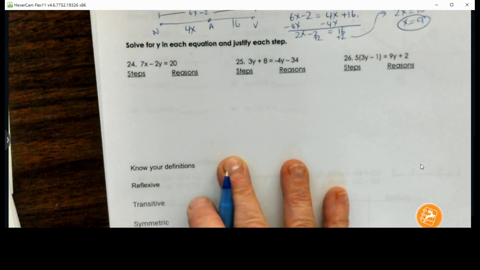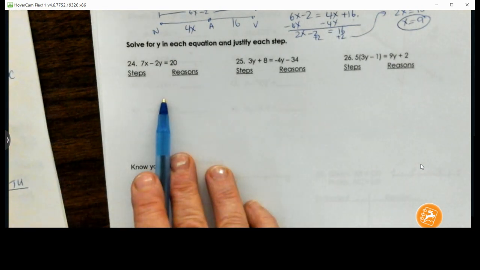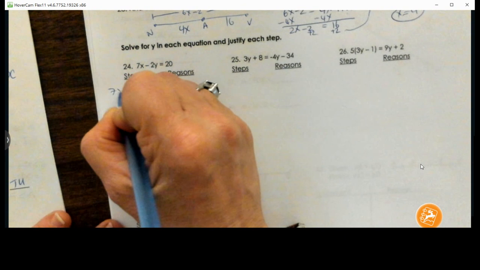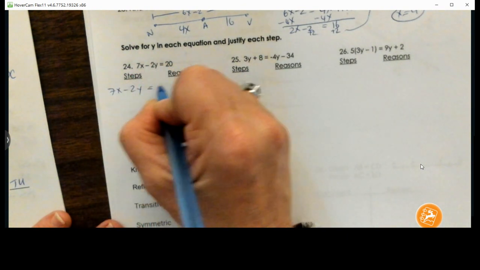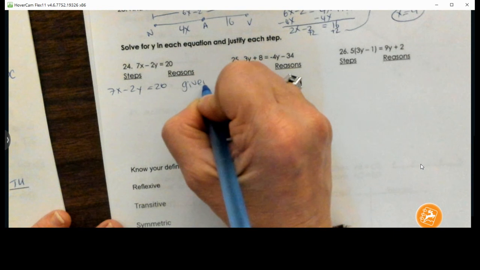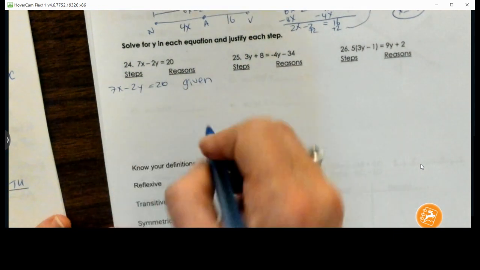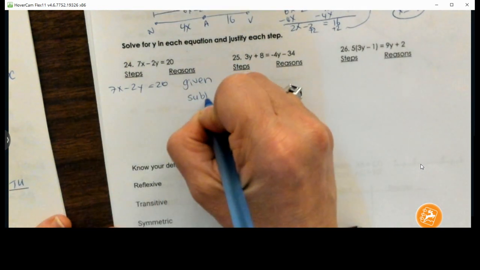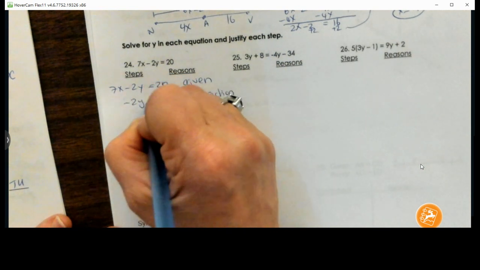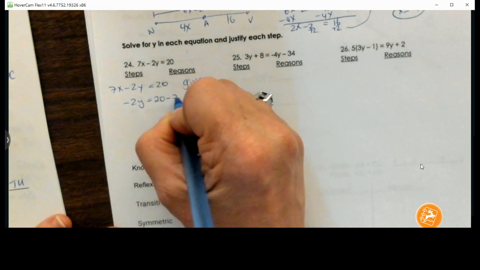Let's look at the next one. Steps and reasons. I'm going to do 24 and 25, and you could look at 24 on the solution sheet. So this starts off with what's given. 7x minus 2y is equal to 20. This is given. I'm going to subtract 7x from both sides. And I'm going to get negative 2y is equal to 20 minus 7x.